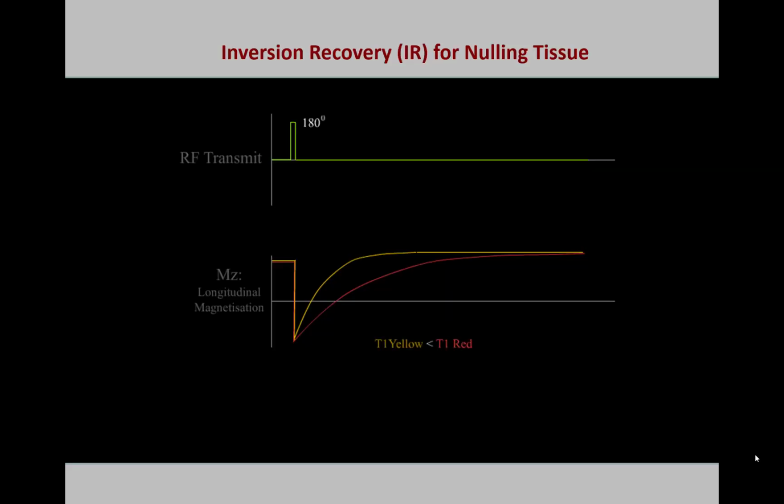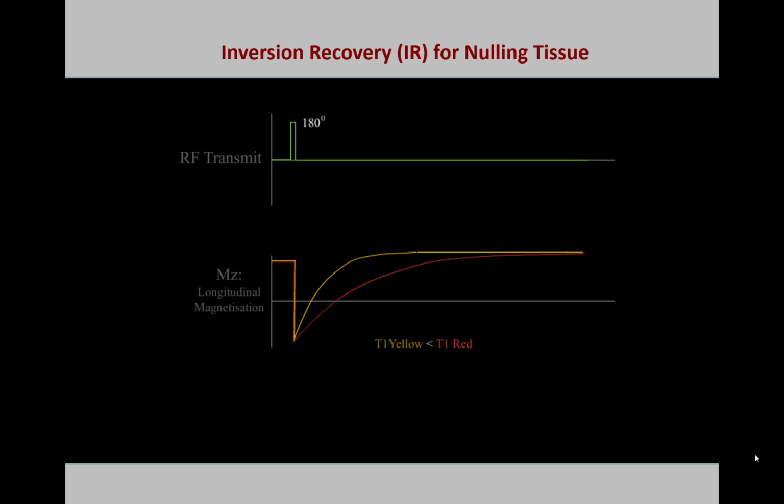Okay, so let's remind ourselves how these inversion recovery (IR) techniques work. This is very similar to STIR and FLAIR that you will have seen before, but the general principle is we apply a 180-degree radiofrequency pulse that inverts the longitudinal magnetization of the tissue. Here we're going to be looking at two tissues.